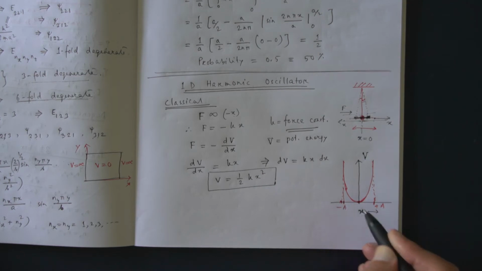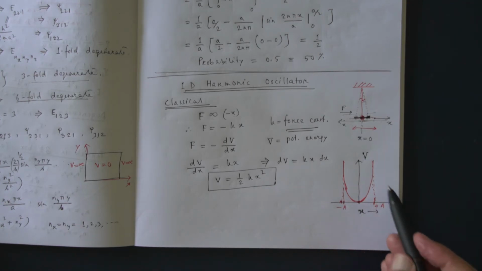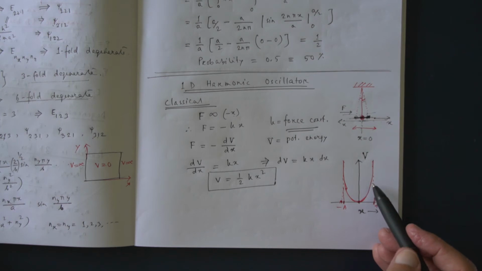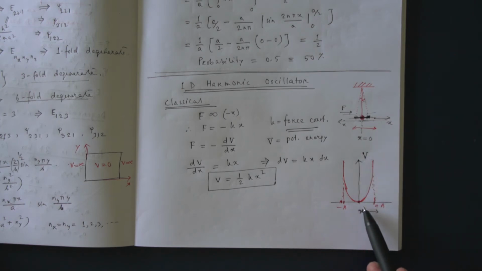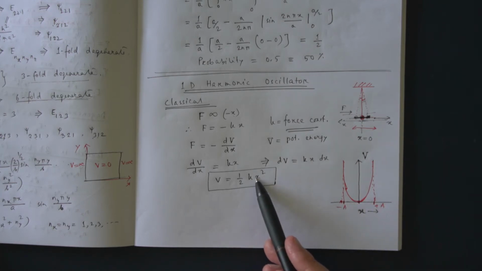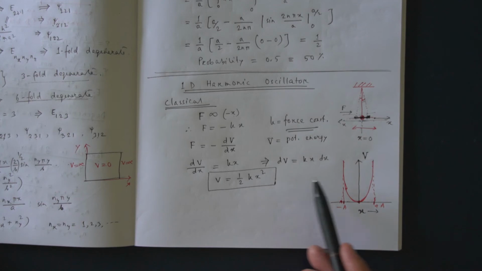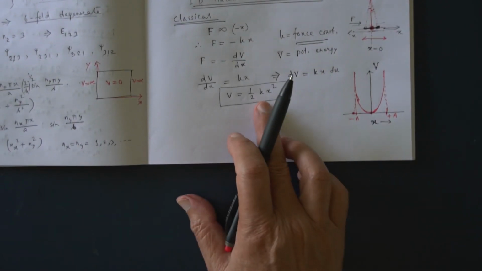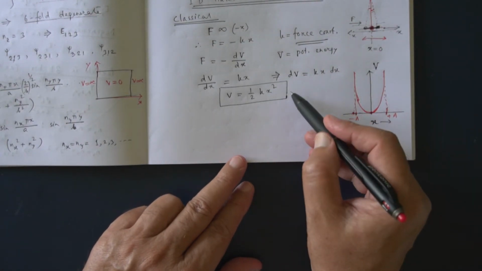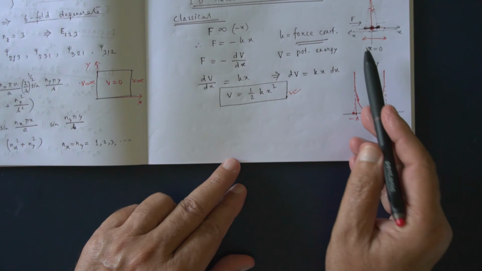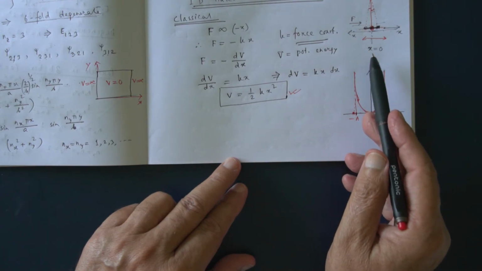If we plot potential energy against displacement, we get a parabola like this, because whether it is plus a or minus a, the potential energy will be the same. So this is the potential energy for a simple harmonic oscillator.